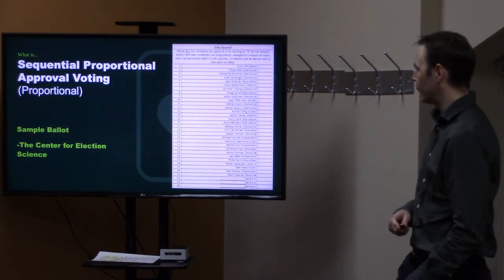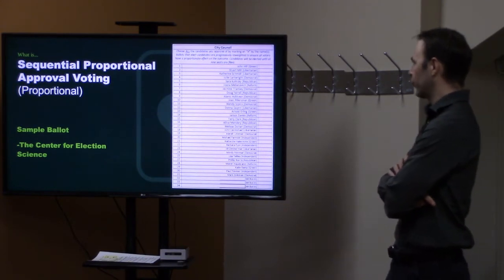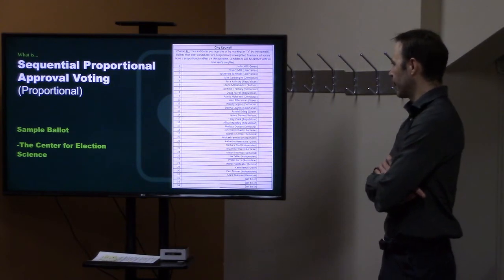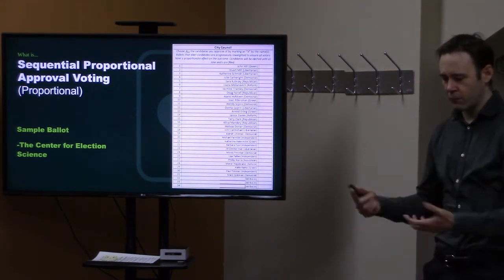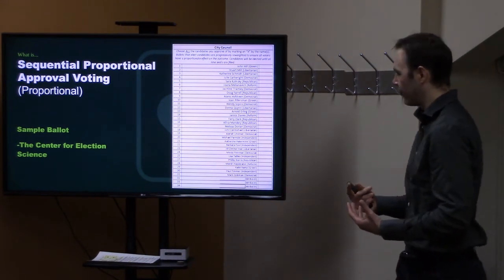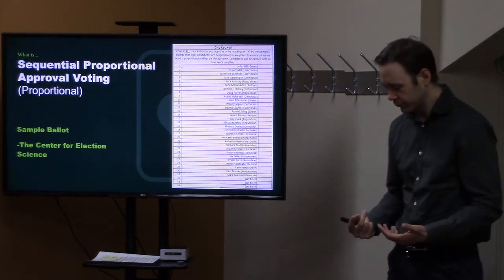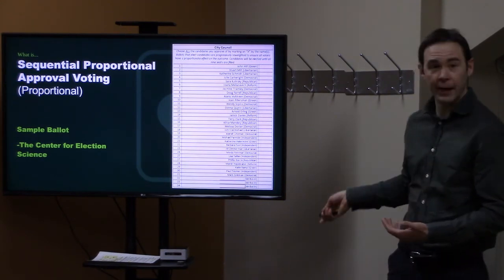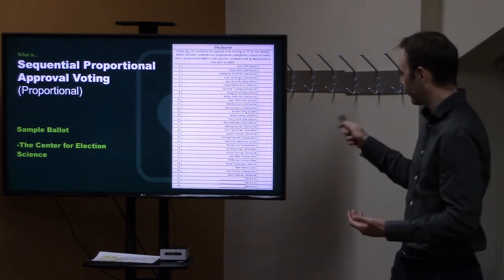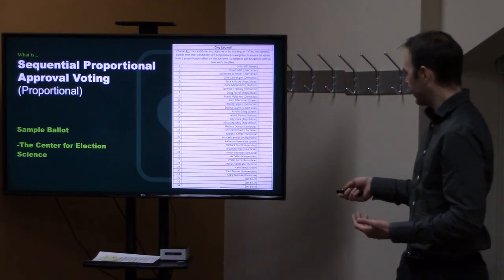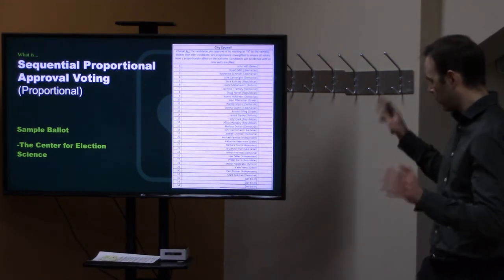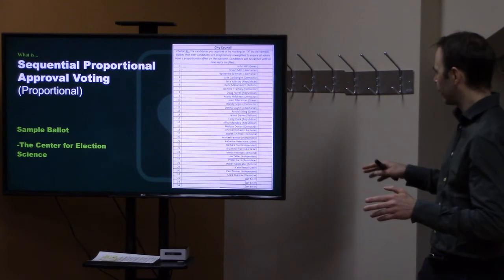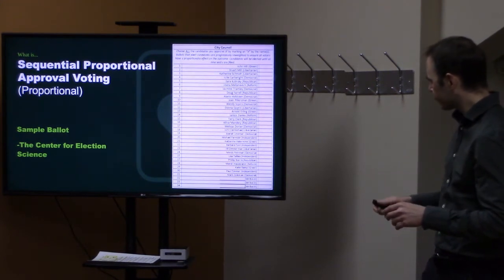So this is sequential proportional approval voting. We spoke a little bit about cognitive load, and this list is actually comparable to the list that we saw before. There are 34 names on this. There are roughly as many on the other one.